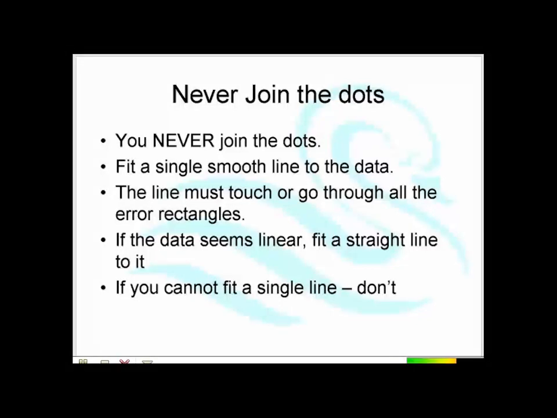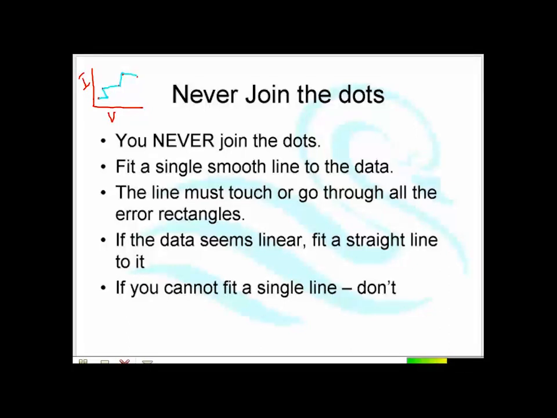When you plot your graphs, it's very important that you never join the dots. If I have a graph like this and say I've got volts coming in there and I've got current coming in there, if I plot a whole load of values and then I join those values up, then it suggests that the relationship between volts and current is not a straight relationship.